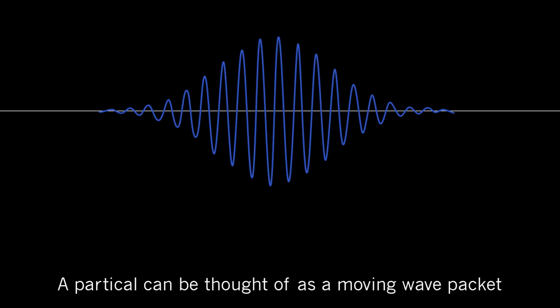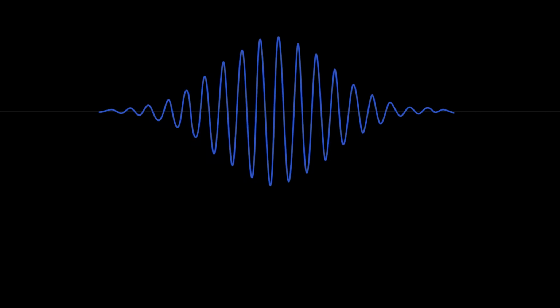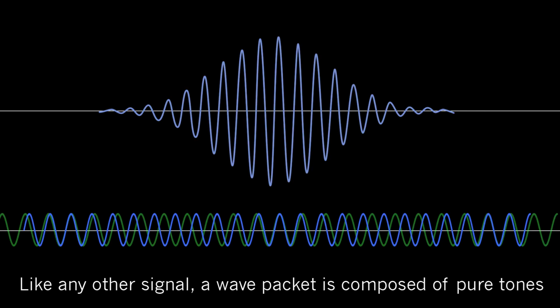Now, a particle can be thought of as a wave packet, that is to say, a wave that's sort of zero and then is located in space and then zero again. And if we think of it that way, we can make up that particular waveform of flat, oscillation, flat, by a combination of pure tones.